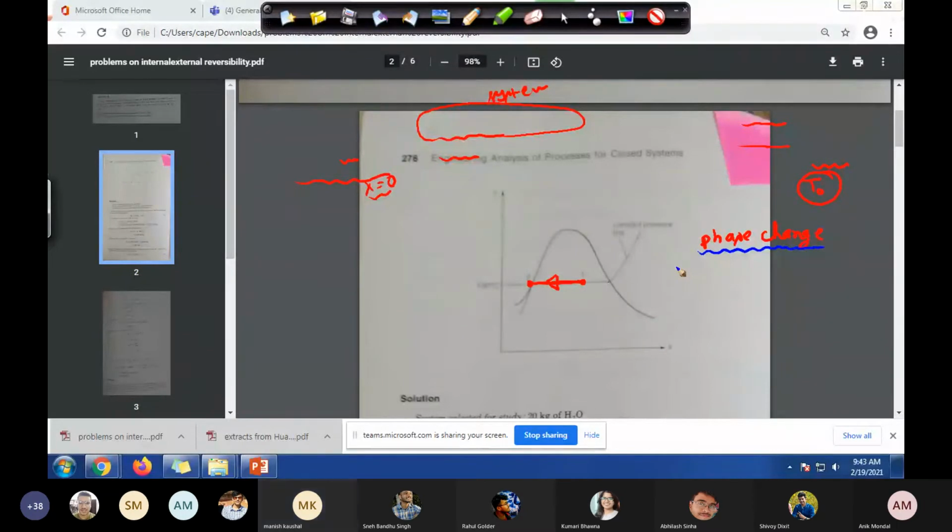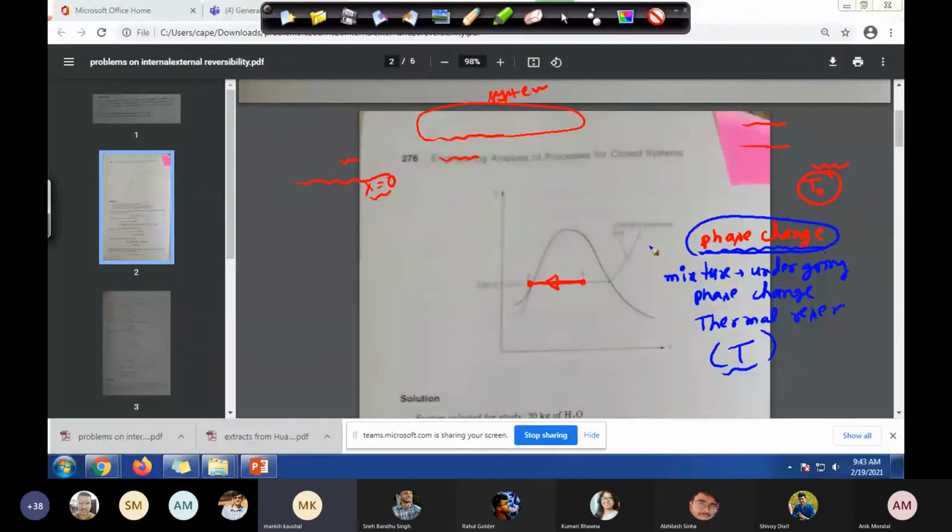Anyone remembers? Any mixture undergoing phase change can be treated as a thermal reservoir. Why? Because its temperature doesn't change, it's constant, and that is also the definition of a thermal reservoir. So in that sense, a phase change mixture is a thermal reservoir.